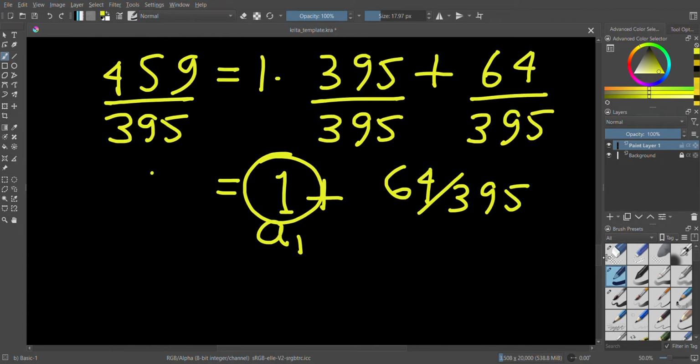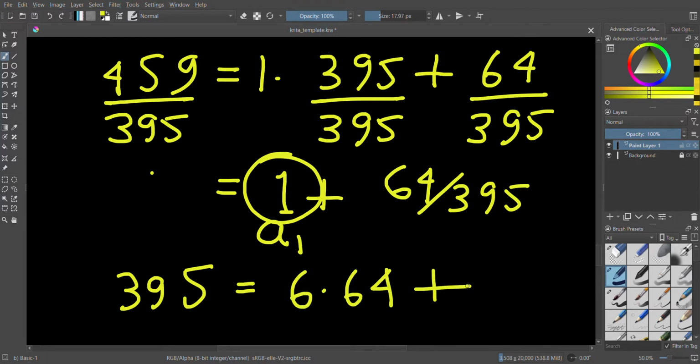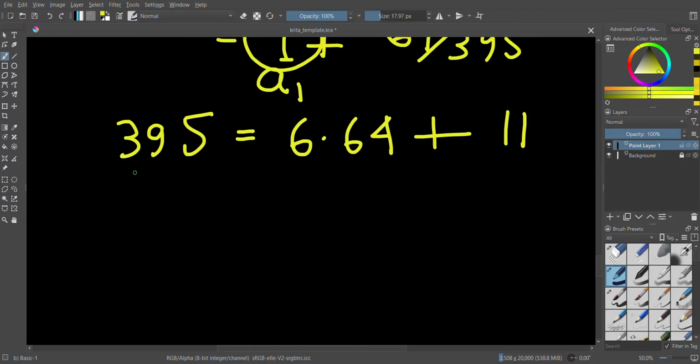Then the next equation was 395 is equal to 6 times 64 plus 11. So now we divide this equation by 64.